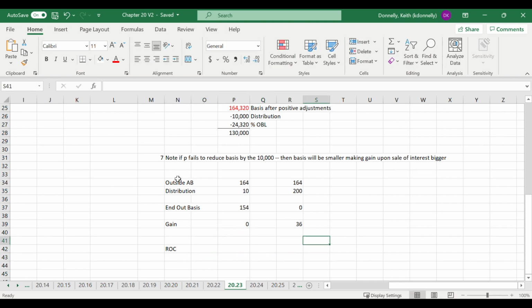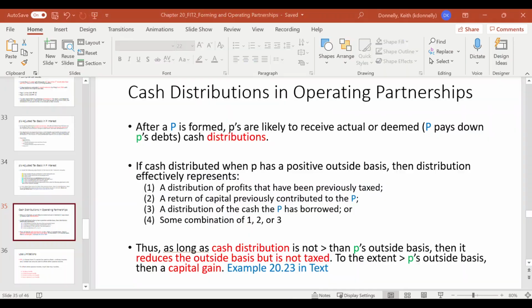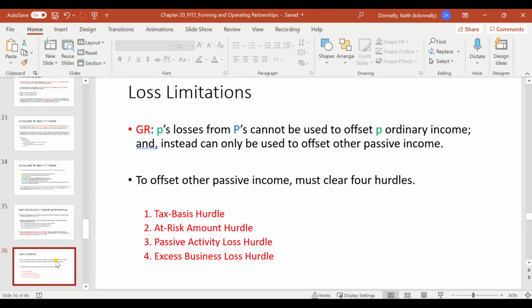This other one, in distinction, is going to zero us out at the basis level, but we're going to have a gain. We have something worth 164, but they give us 200. That 36 is going to be a gain, so a capital gain. So that's the idea with 2023 here.